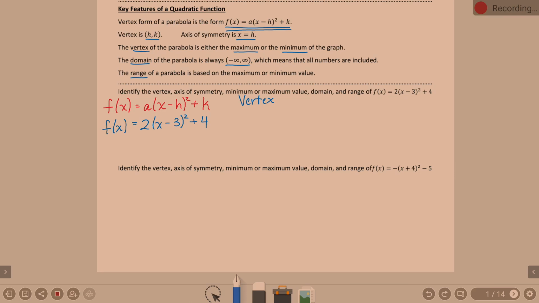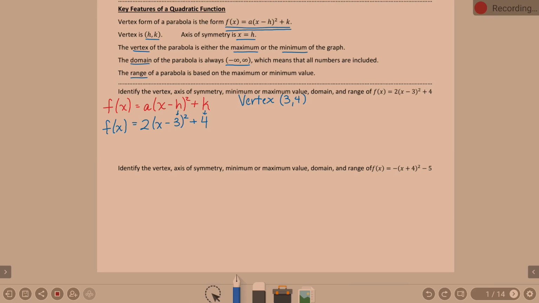Thoughts on the vertex? You can think h and k, or I also correlate it with how far left and right does my graph go, how far up and down does my graph go. Right? (3, 4). Does that make sense to you guys? It's (3, 4). If we talk about h and k, the key is you'll always use the opposite sign for the h, and then the k is the given.